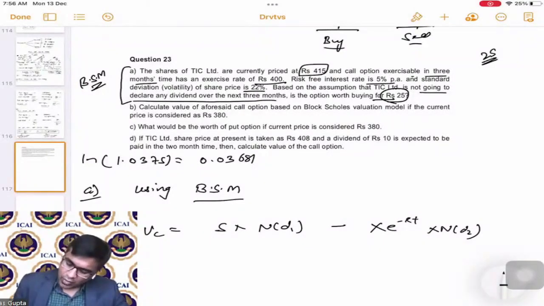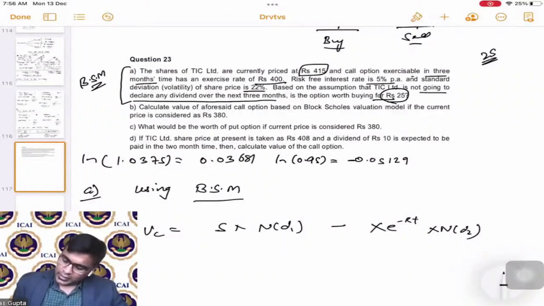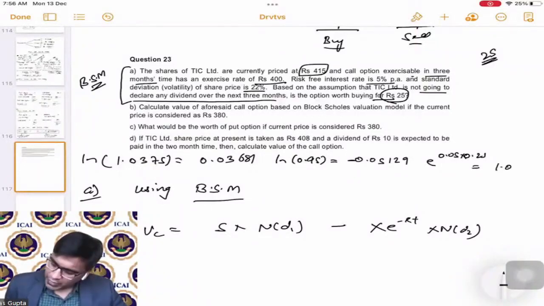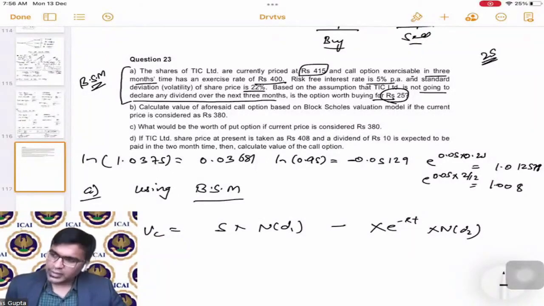Then log of 0.95 is equal to minus 0.05129, and e raised to the power 0.05 multiplied by 0.25 is equal to 1.012578, and last, e raised to the power 0.05 multiplied by 2 by 12 is equal to 1.0083.